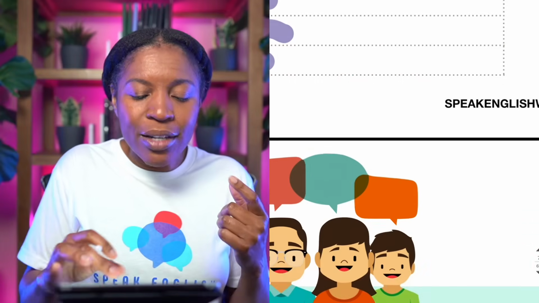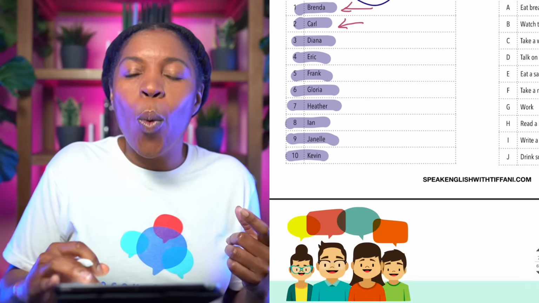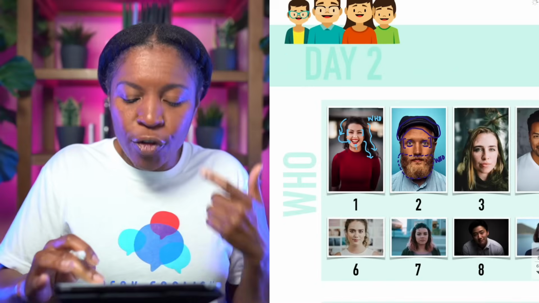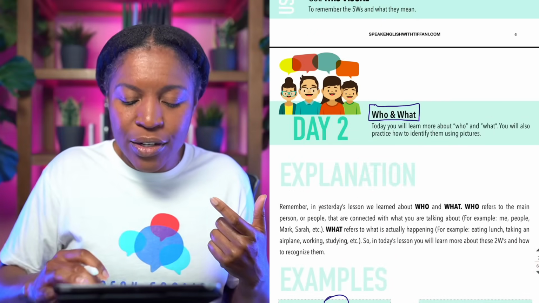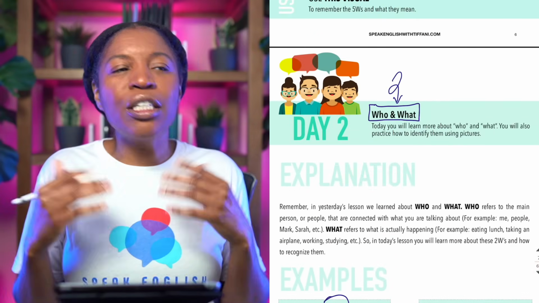Again, we are describing this man. His name is Carl, but what else do we see about Carl that we can use to describe who this man actually is? Well, it looks like he's a white man. Maybe he's from Finland. What else? He's wearing a black hat. You see what's happening, right? We're giving the right amount of details to describe who he is. But remember, for day 2, our focus is the who and the what.